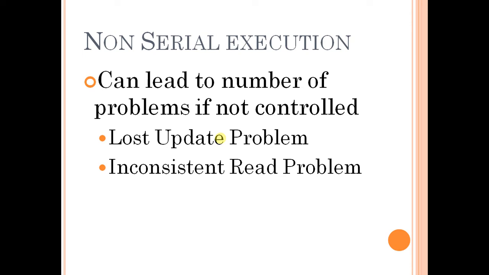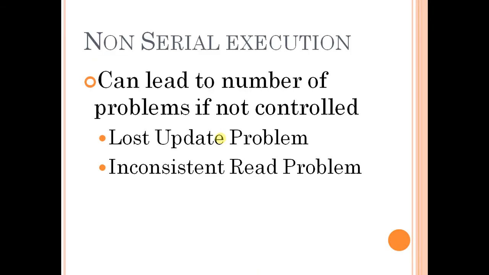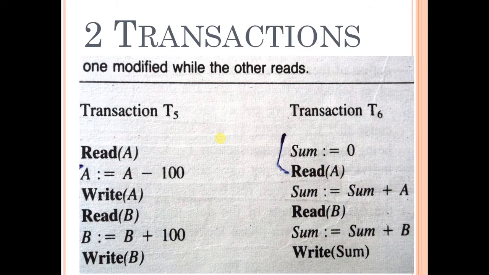So the first problem is the lost update problem. Let us see. Again, same transactions. Assume that A has 500 balance, B has 1000 balance. So when T5 deducts 100, A will become 400 and B will become 1100.